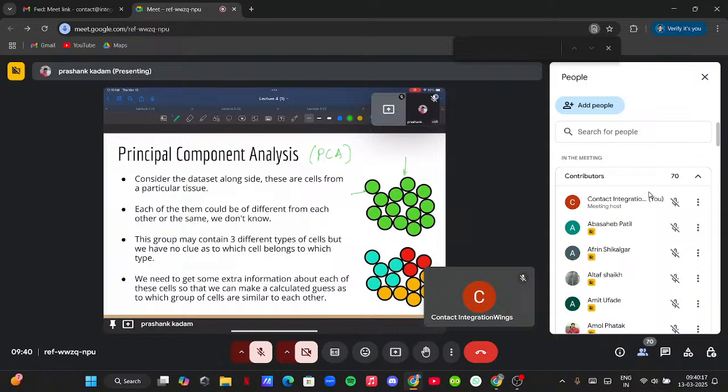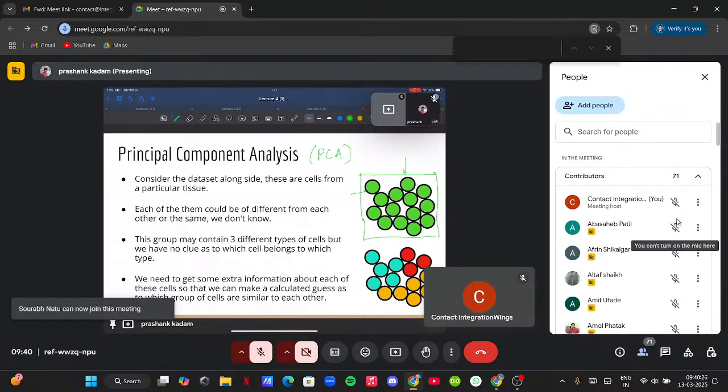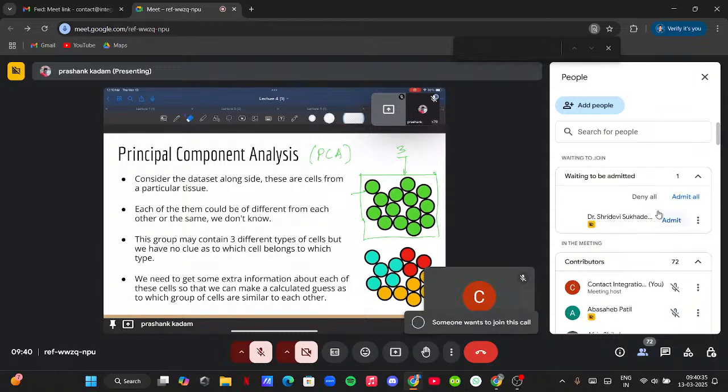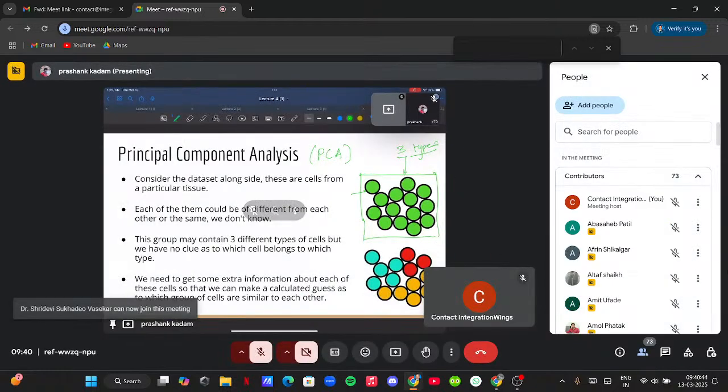So the problem is that in this tissue, we see a cluster of cells over here, but they are divided into three distinct classes. We don't know which cell belongs to which type, but we are trying to find it out based on some information that we could extract from each of the cells, right?